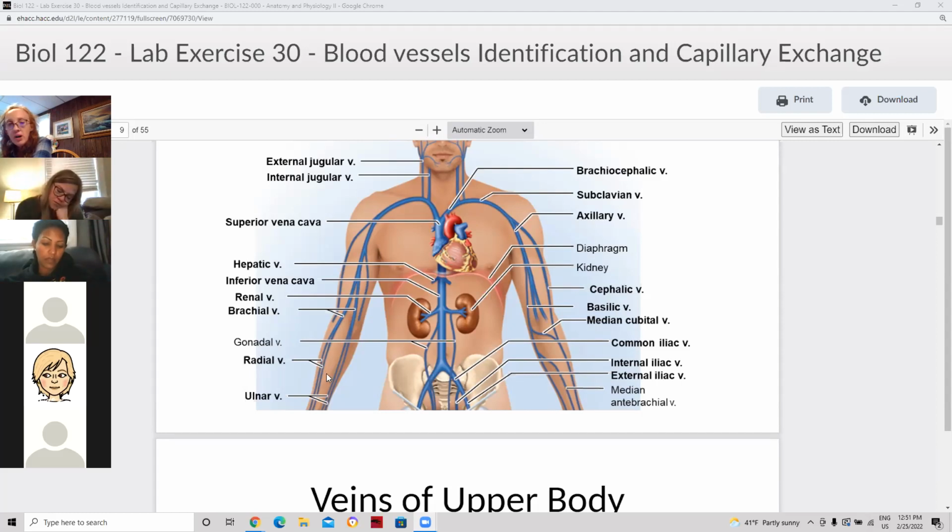Down on the lower part of the arm, you also have a radial vein and an ulnar vein running down by the radius and the ulna.